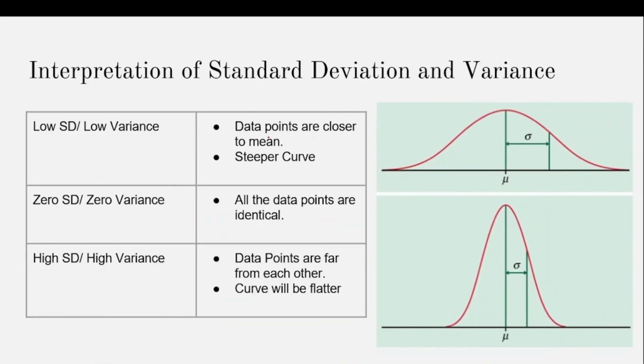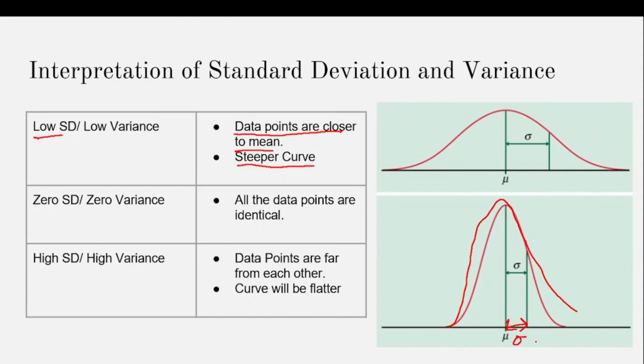Moving ahead, we have seen standard deviation and variance. Now we will see the interpretation of these terms. When we say my standard deviation or variance is low, in that case, we mean that my data points lie closer to the mean. If my data points lie closer to the mean, I can also say that the curve or the distribution will be steeper. As I can see from this curve, this distribution is steep as the points are close to each other.